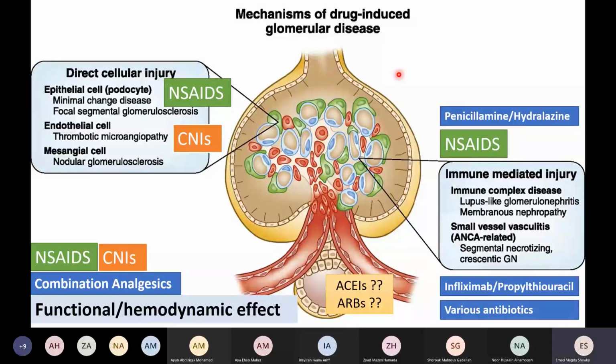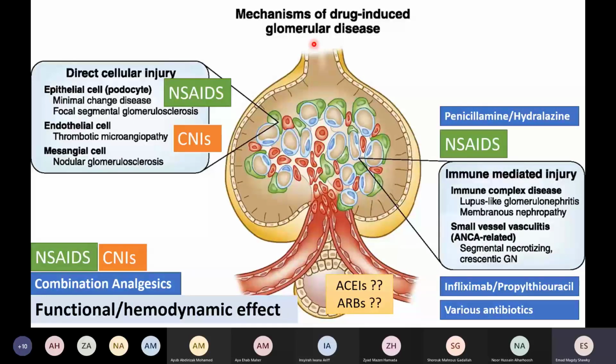So if we try to divide the mechanisms of injury, we can differentiate them: drugs affecting the glomerulus, drugs affecting the tubulointerstitium, or drugs causing obstruction for the kidney. So all the mechanisms are available. Let's see an example.